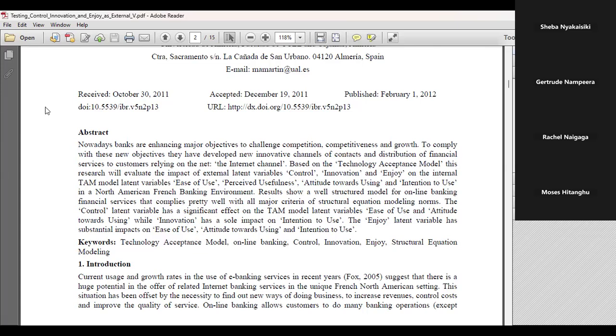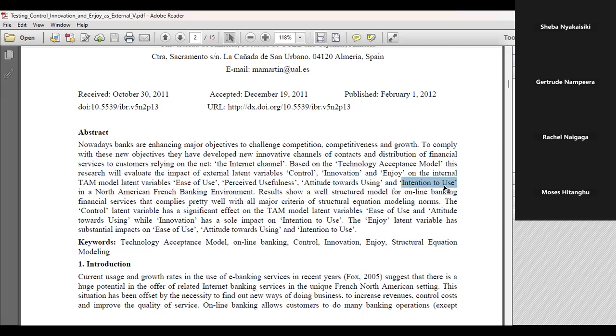So now, I think for these researchers, from this abstract, they want to find out, for example, when there is innovation, how does innovation affect ease of use, perceived usefulness, attitude towards using, intention to use?